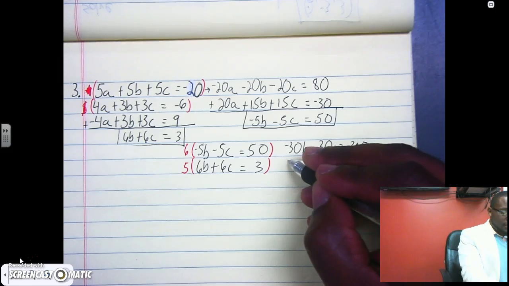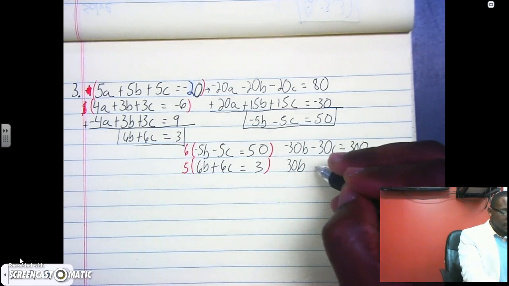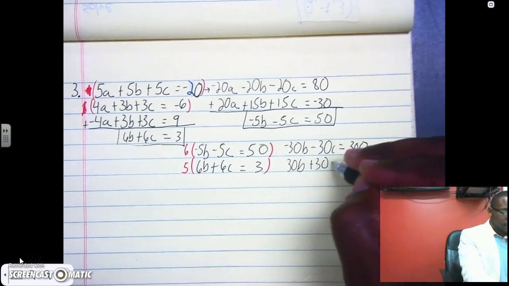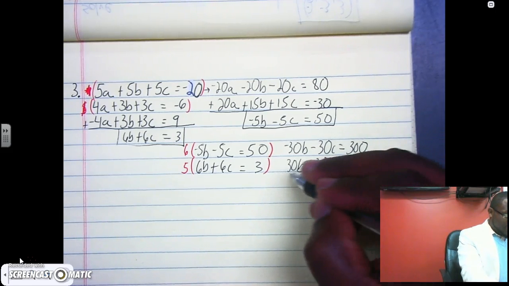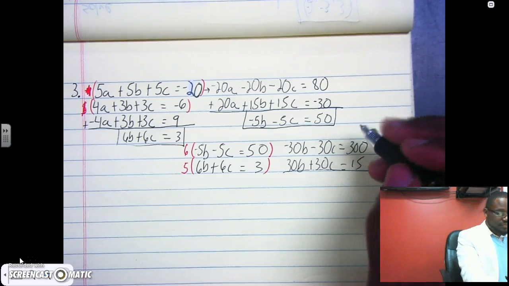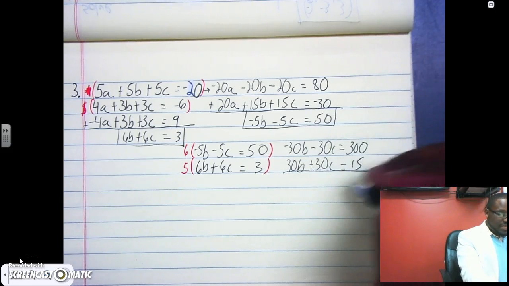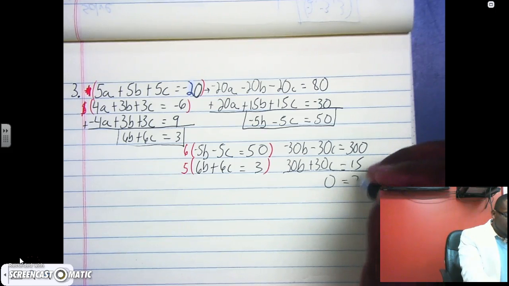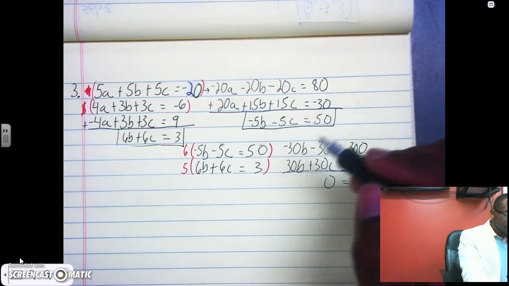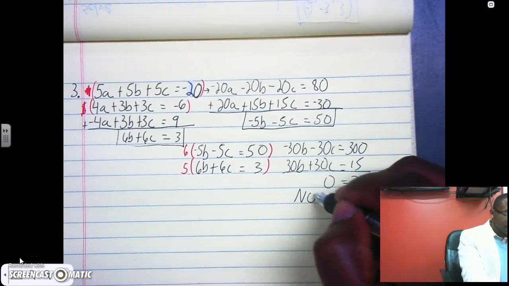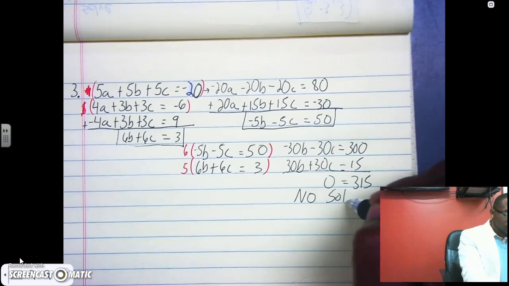Notice what happens here. All my variables subtract out, and I'm left with 0 equals 315. Now, is that a true statement? No. Same thing applies. We have no solution.